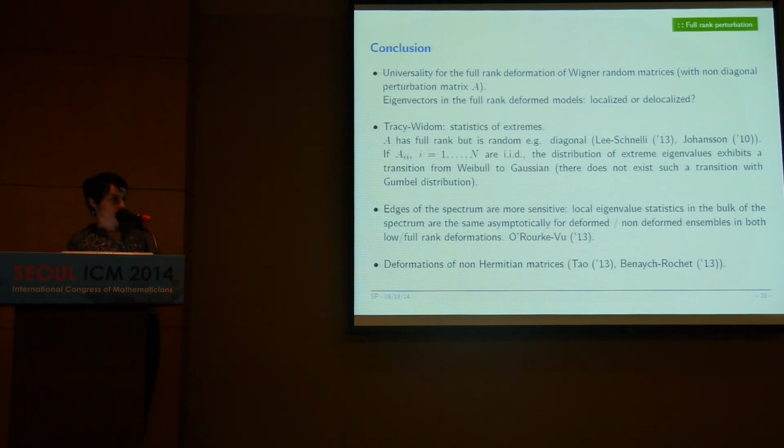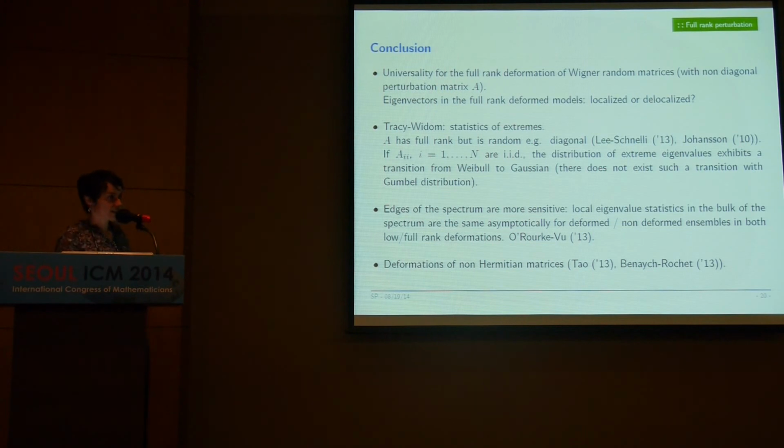Okay, so as a conclusion, I would like to speak about a few things I didn't address in this talk. So first, the behavior of eigenvectors, because this is important for the problem of reconstruction of a signal.